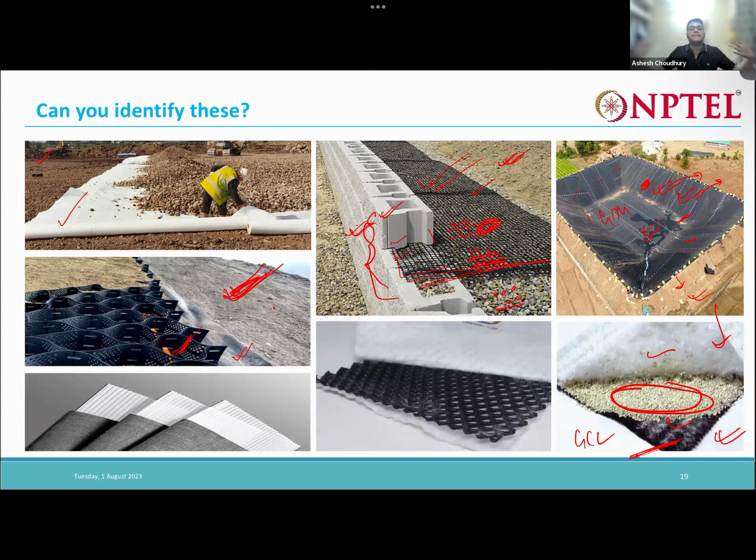In war zones, military people can rapidly construct a bunker or a barrier wall that can save them from blasts. They can easily construct a barrier using this geocell. All of these geosynthetic materials are widely used nowadays.